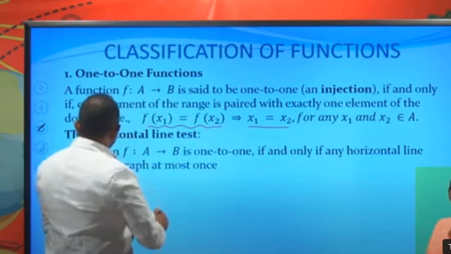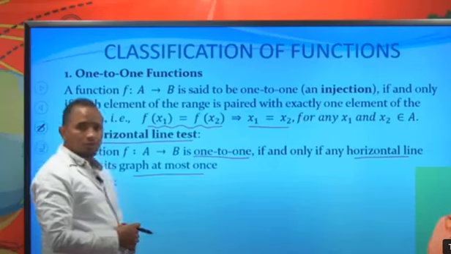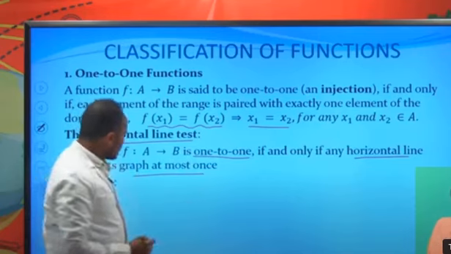And to check on the graph whether it is one-to-one or not, we use the horizontal line test. A function f from A to B is one-to-one if and only if any horizontal line crosses the graph at most once.